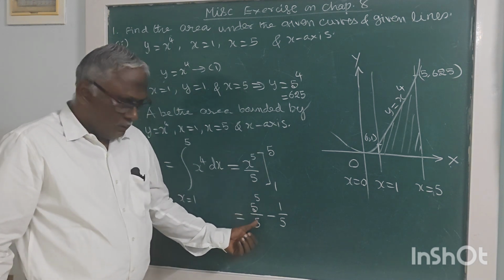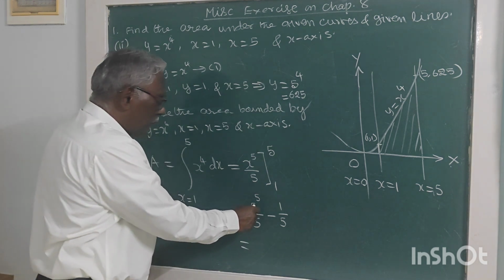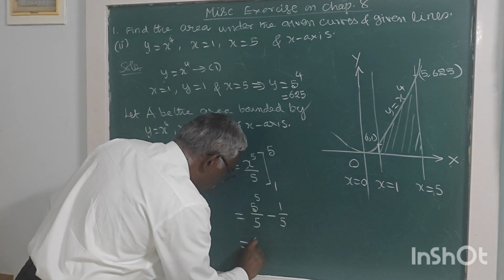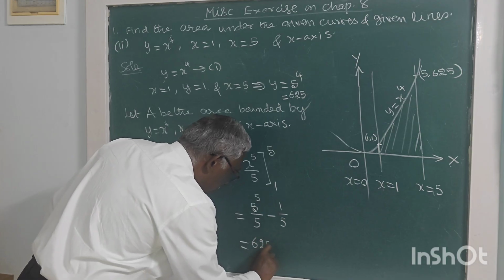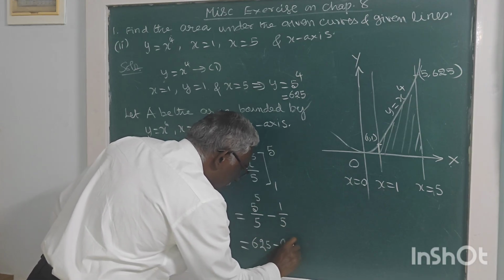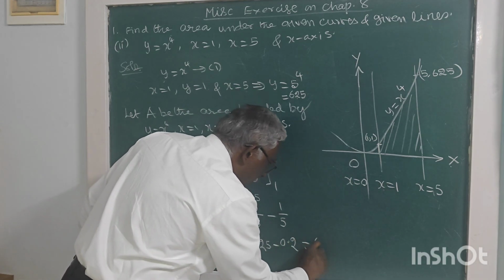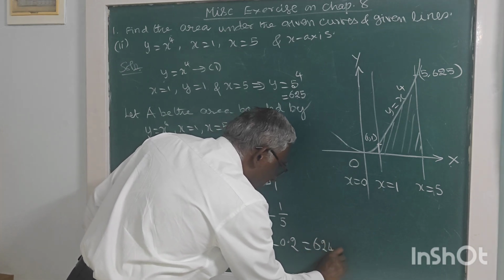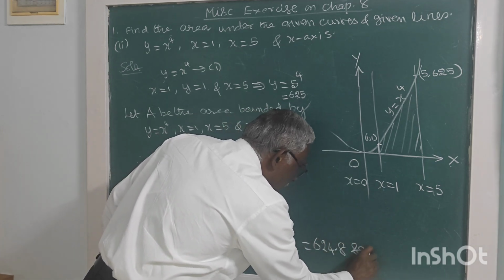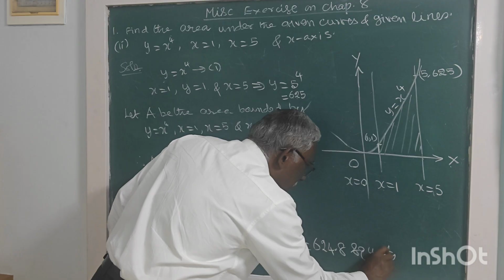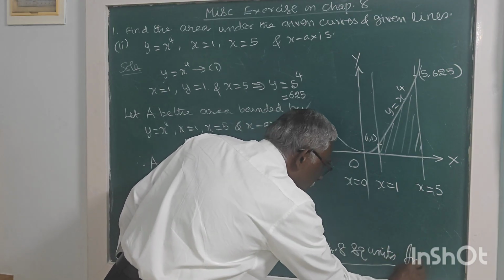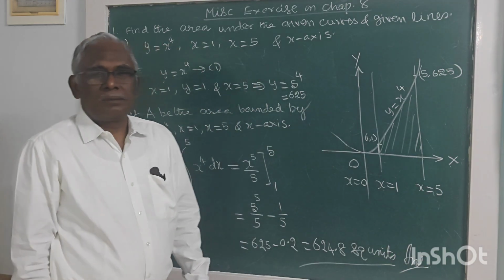So this will be 5 power 4, 5 power 4 is 625 minus 0.2 is equal to 624.8 square units. So this is the answer.